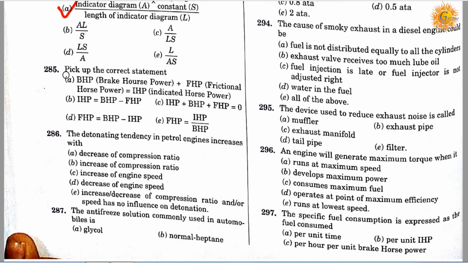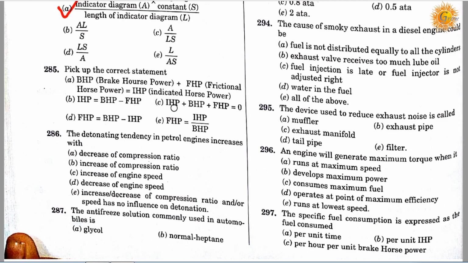Okay, question number 285. Pick up the correct statement. Option A, BHP (brake horsepower) plus FHP (frictional horsepower) is equal to IHP (indicated horsepower). Is that correct? Or option B, IHP is equal to BHP minus FHP.